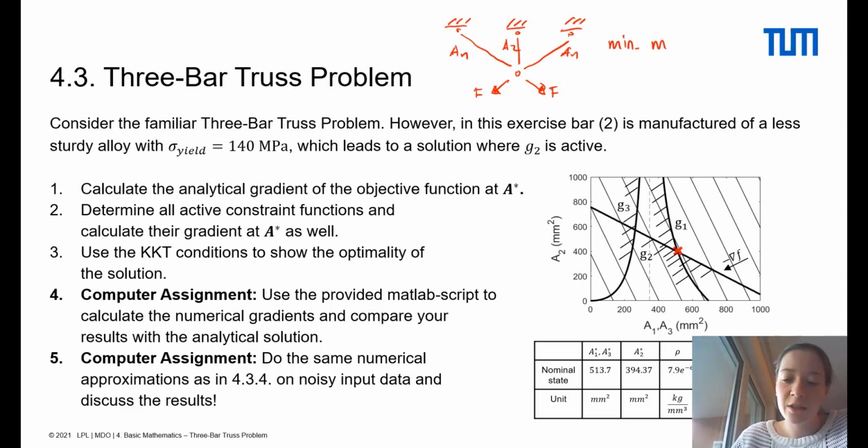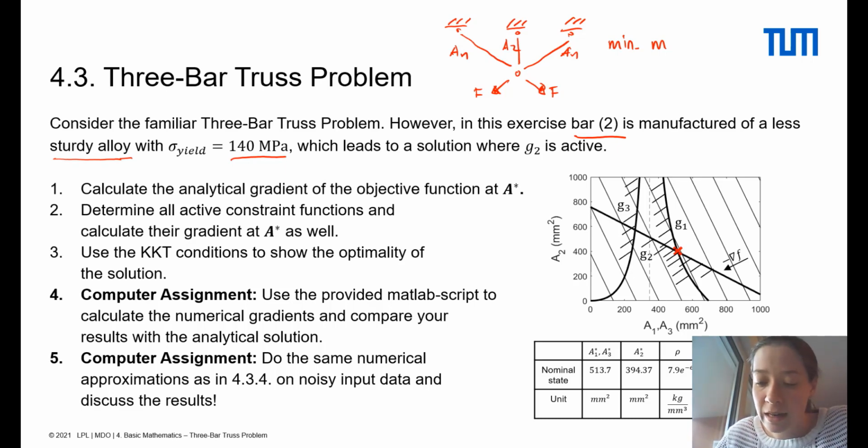Now we changed this problem a little bit. In this exercise, bar 2 is manufactured of a less sturdy alloy, so our sigma yield is only 140 megapascal. Before it was 216, I think.